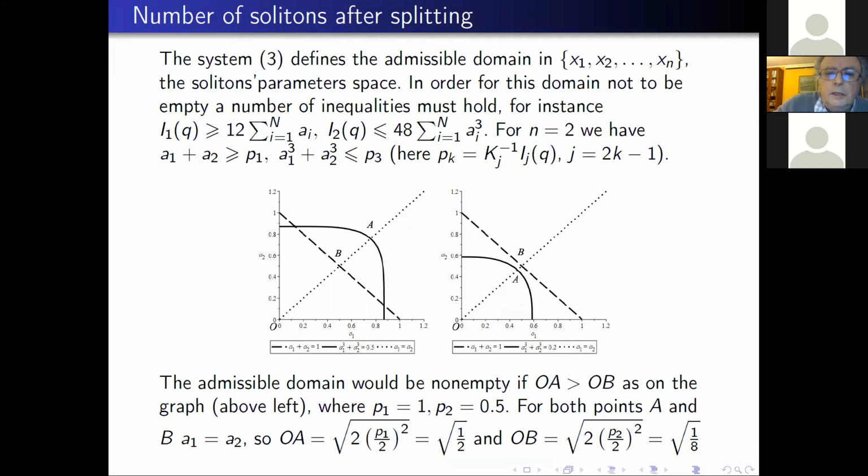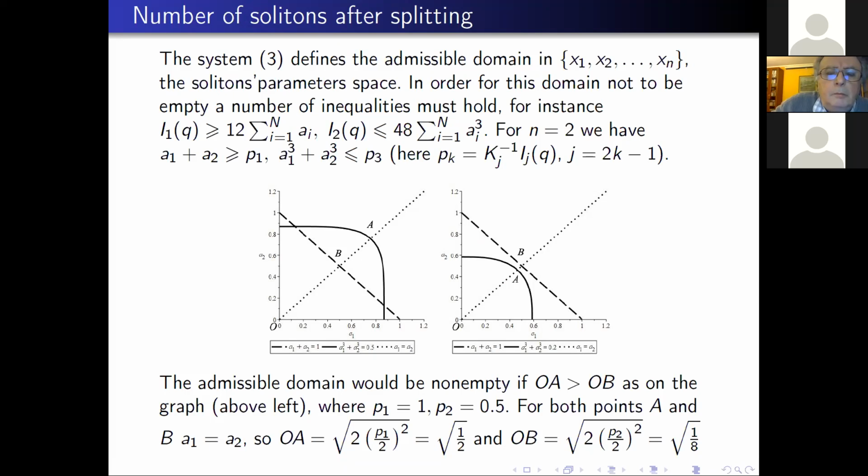Let's see the simplest case when there are only two solitons resulting after splitting.